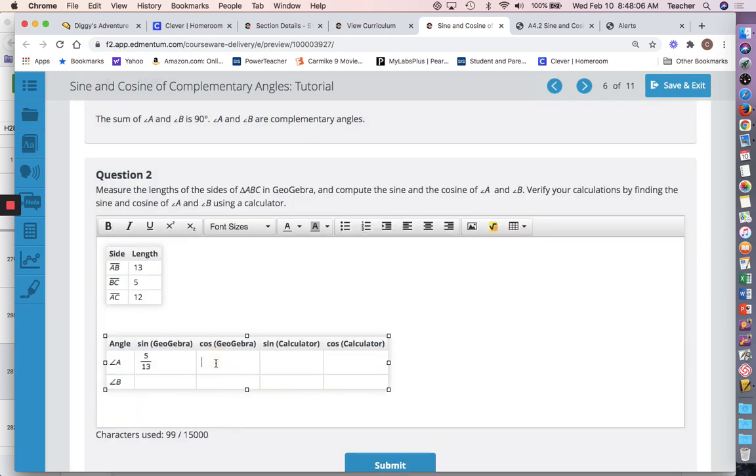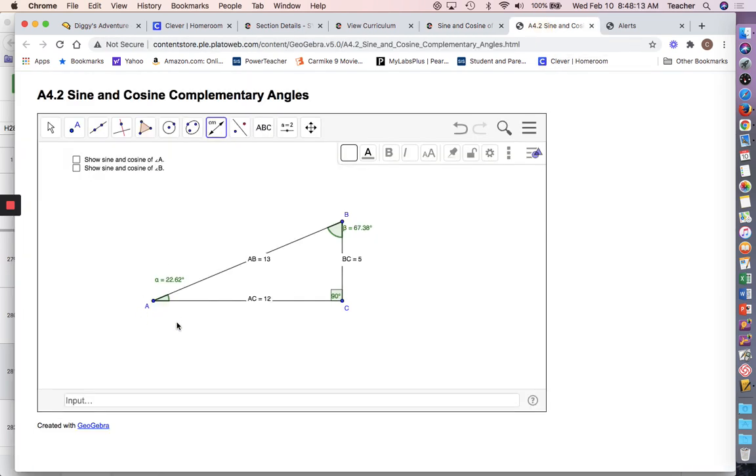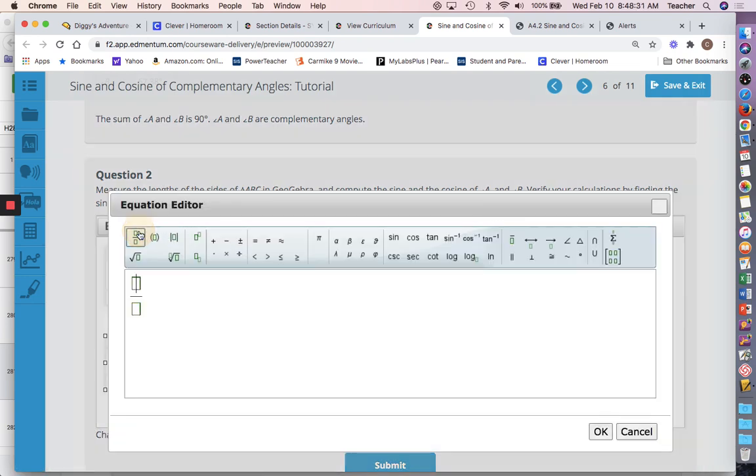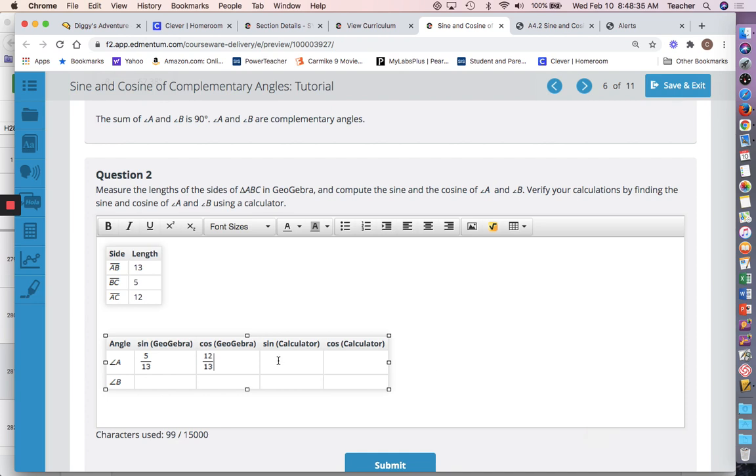All right, cosine of angle A. Cosine is your A heap. A is adjacent, heap is the hypotenuse. So adjacent to angle A is 12, hypotenuse is 13, so we're going to have 12 over 13. Now that does not simplify, so I'm going to keep it 12 over 13, like the ACT does.